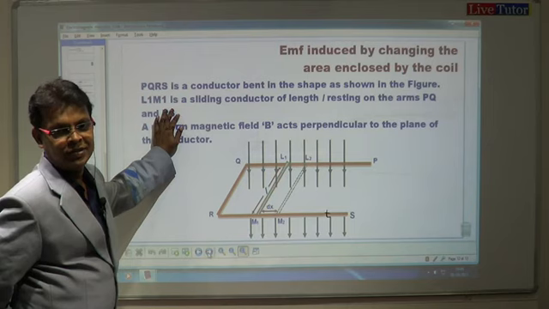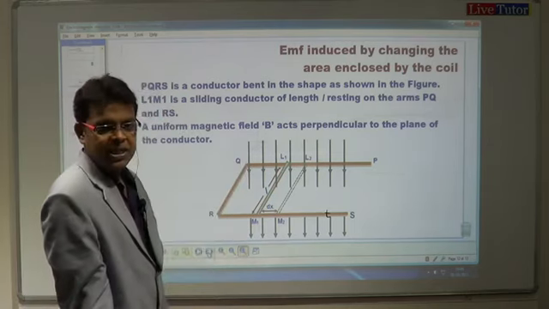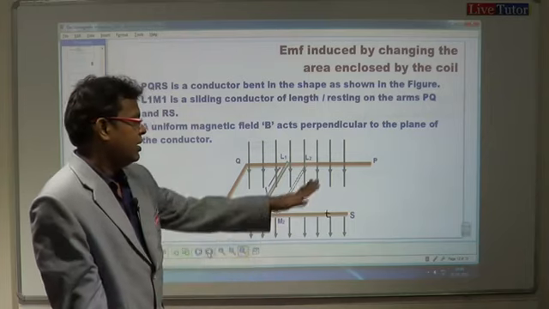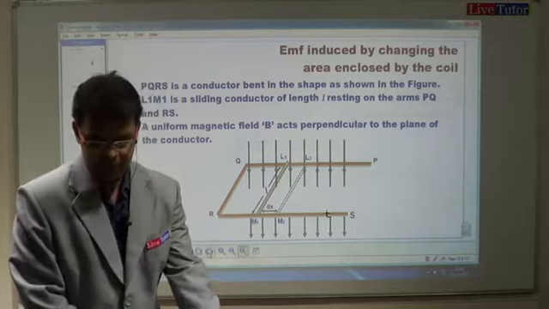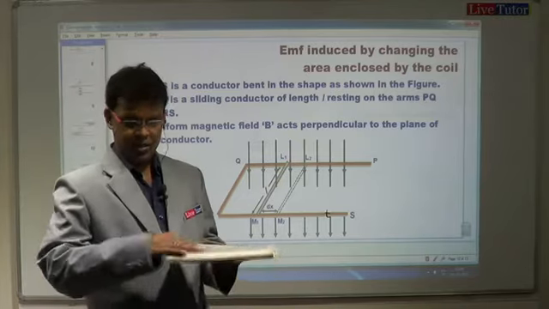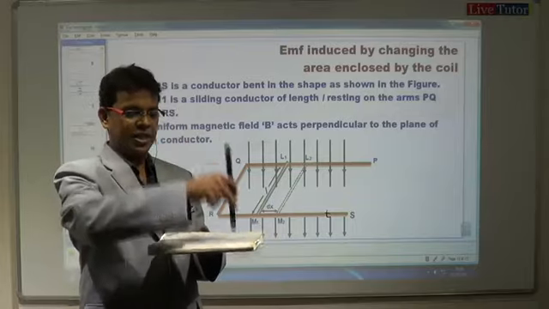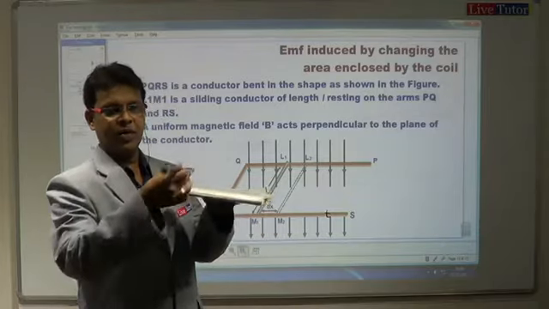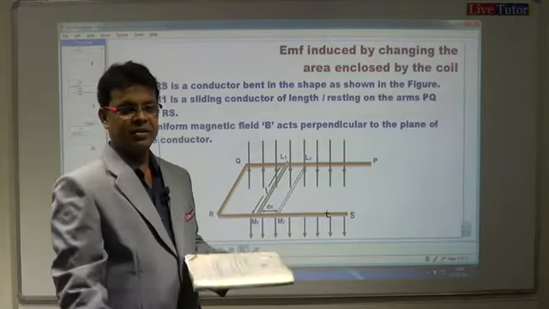Why is the direction of magnetic field perpendicular to the plane of the conductor? See, this is the plane of the conductor. இப்போ magnetic field இப்படி இருக்கு. ஓகே, இப்படி கொடுத்திருக்காங்க. ஏன் அப்படி perpendicular-ஆ இருக்கு? இப்படி வச்சா என்ன ஆகும்?